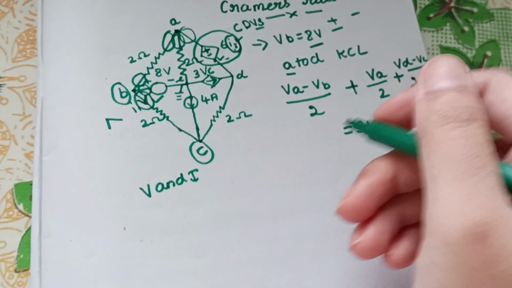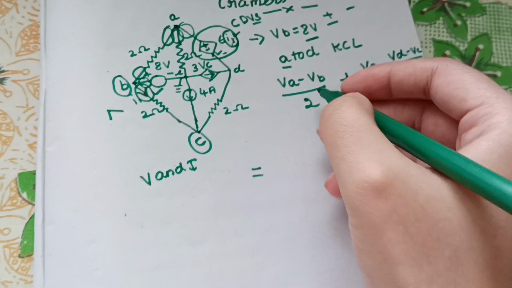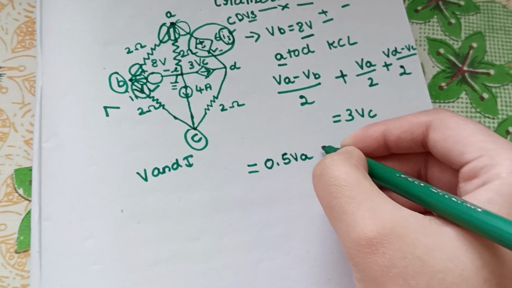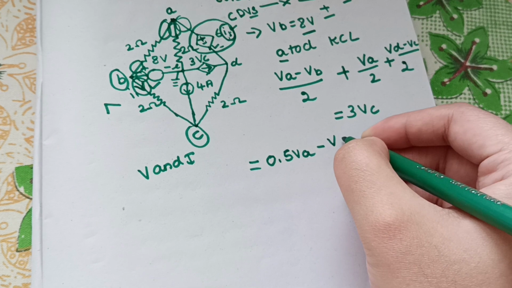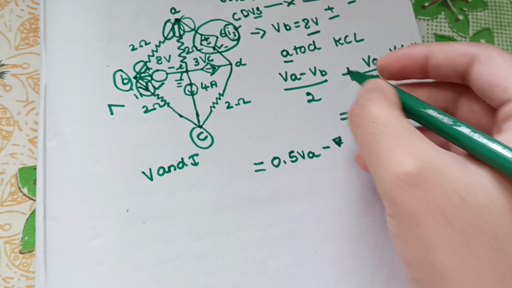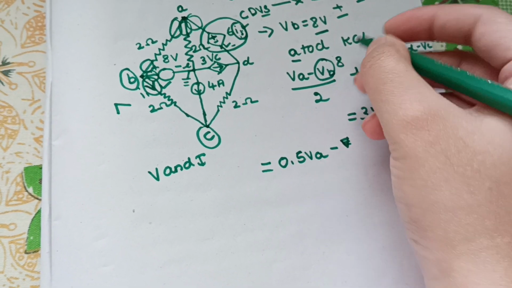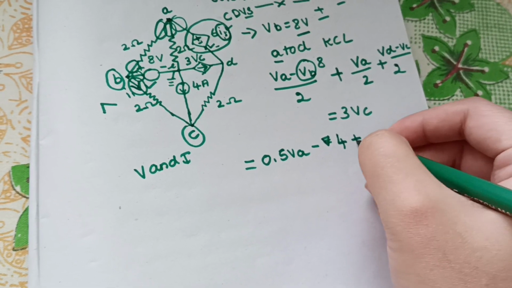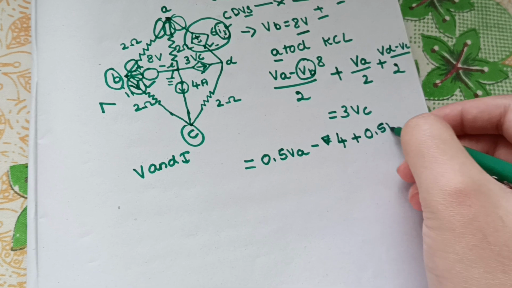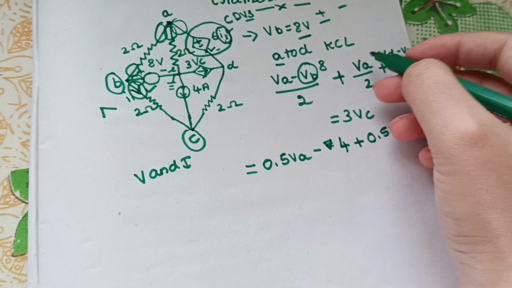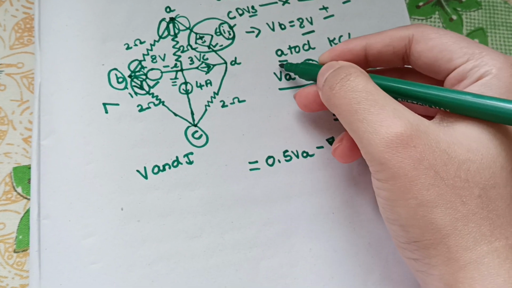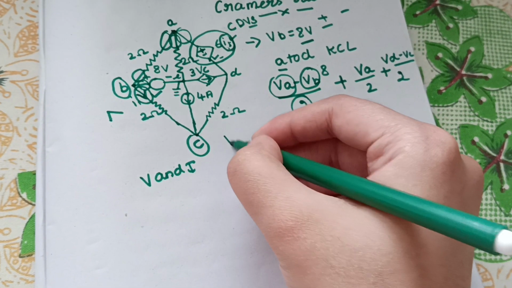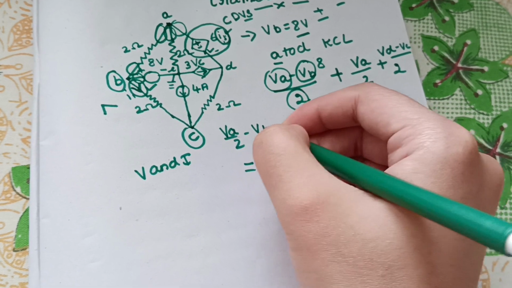Fine. Yes. So now if you consider this, this is Va by 2, 0.5 Va, and this is minus Vb, that is minus how much? Vb is equal to 8, as we all know, and it is minus 4. So once again it is 0.5 Va plus 0.5 Va minus Vb by 2, that is Va by 2 minus Vb by 2.